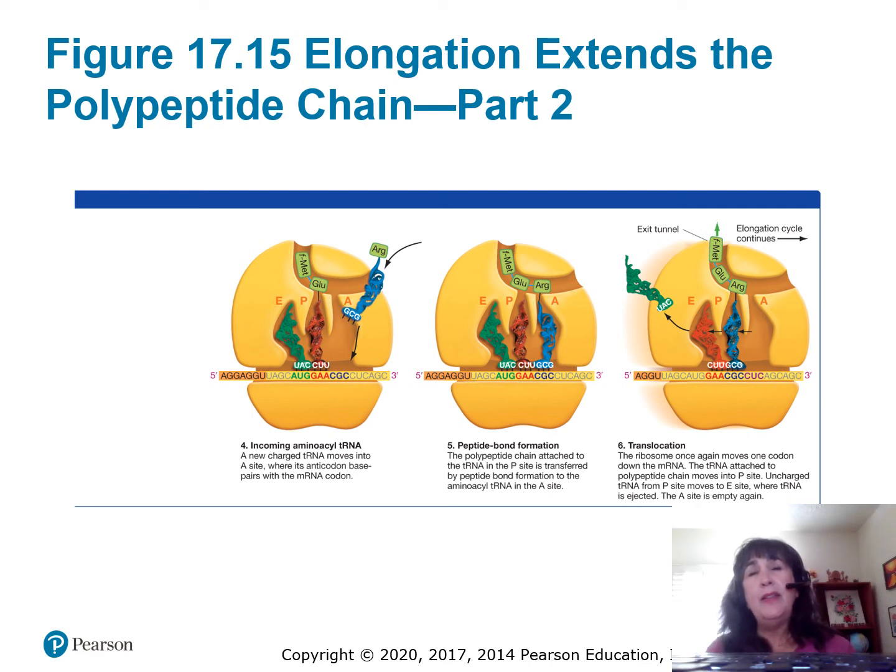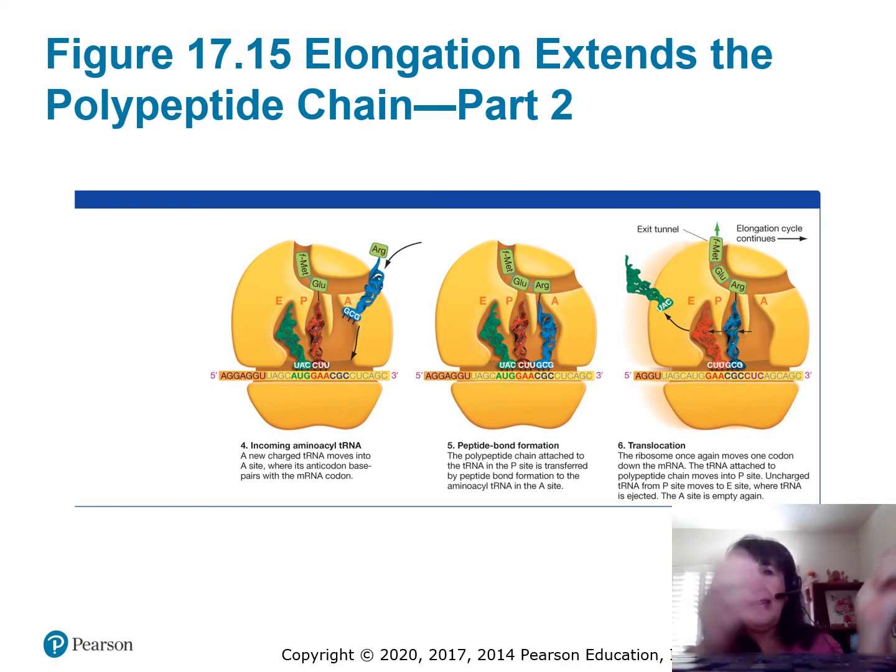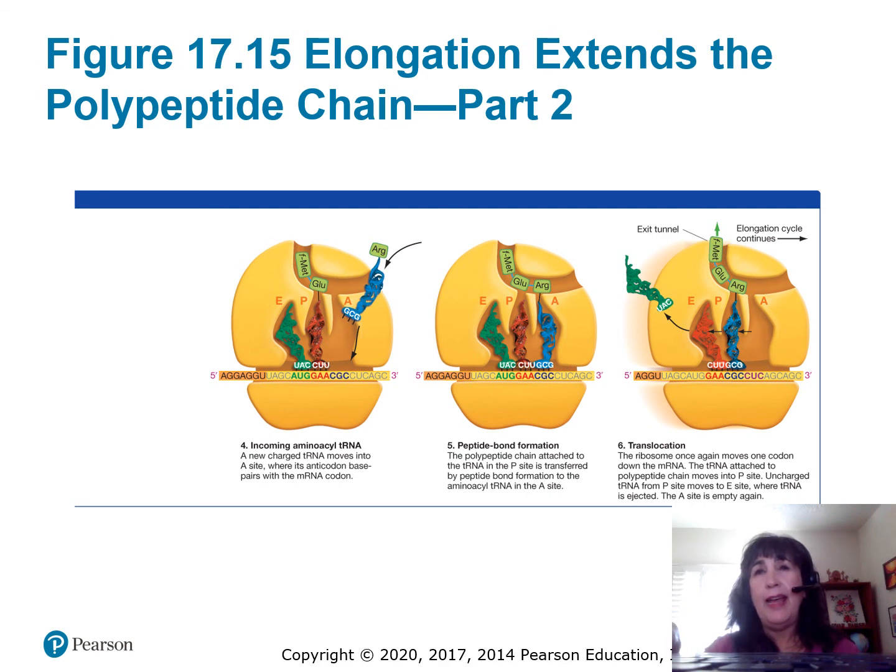Notice that the red transfer RNA has now eventually moved to the E site where it will exit. And a new transfer RNA will go into the A site, and this one is indicated by blue. And this is one transfer RNA coming in and the other one exiting, coming in and exiting as the ribosome moves down the messenger RNA.